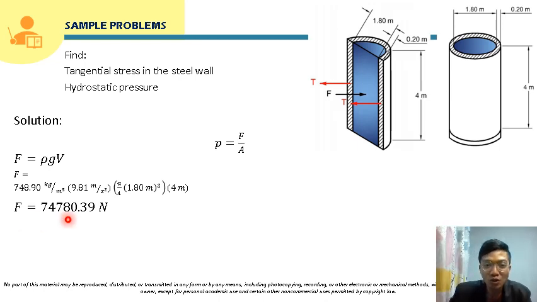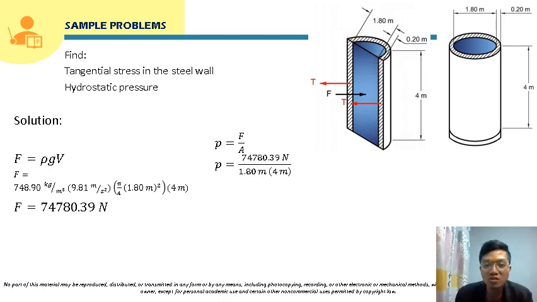The pressure that we want to solve can be solved by this formula, force over A. The force will be the force that we computed, and the area will be the area where that force, or the pressure, is acting. The area of this is 1.80 meters times this height, which is 4 meters.